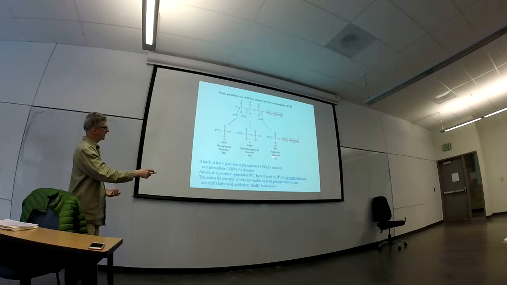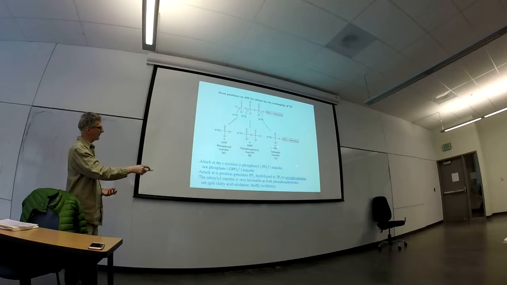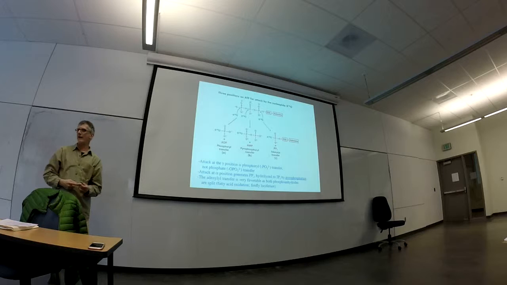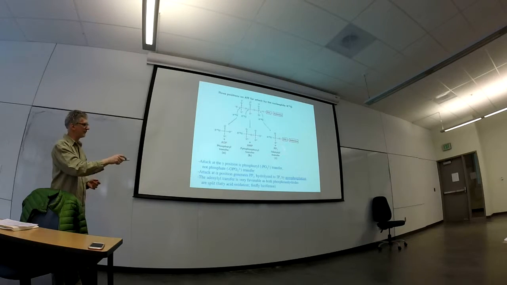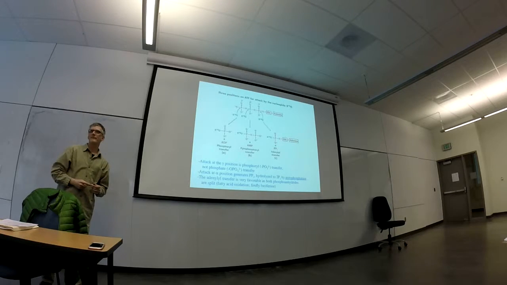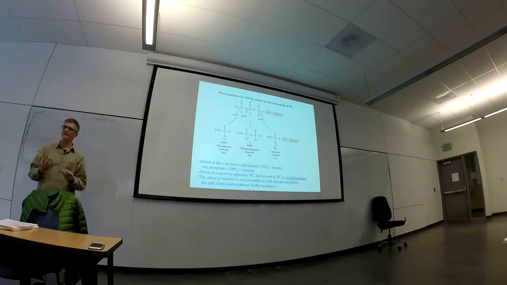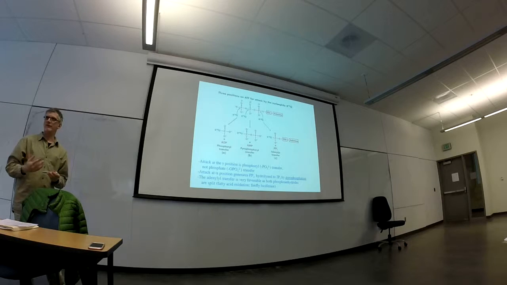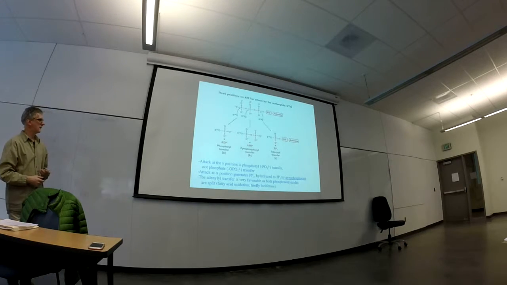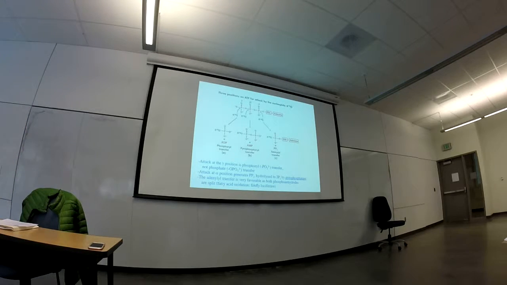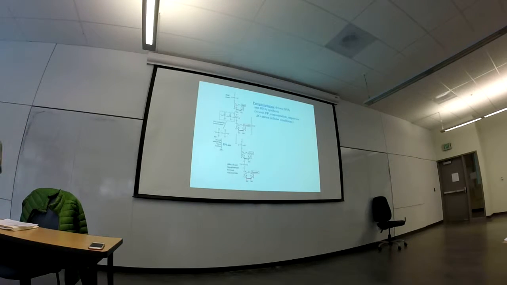So if you form PPi in a reaction and then pyrophosphatase immediately removes it to Pi, then by mass action, you can help drive the formation of more of this. So it's a way of immediately helping to drive a reaction if you form PPi. And this is very important in, for example, nucleotide synthesis.